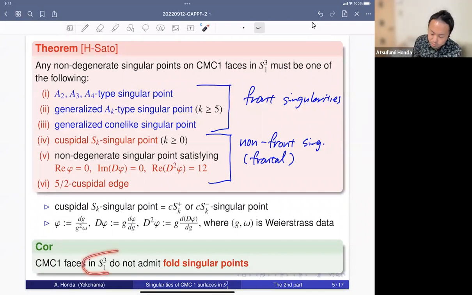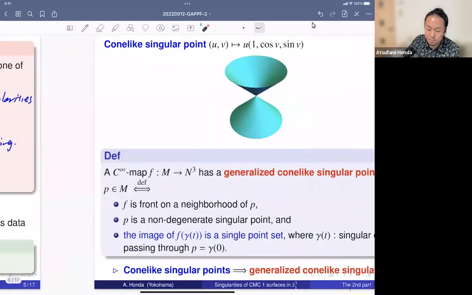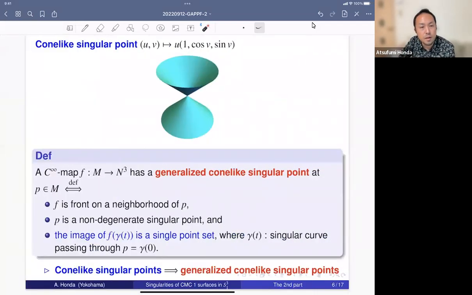So there is a big difference between CMC1 faces and Mach faces. The first one is the generalized cone-like singular point. I will explain the definition.